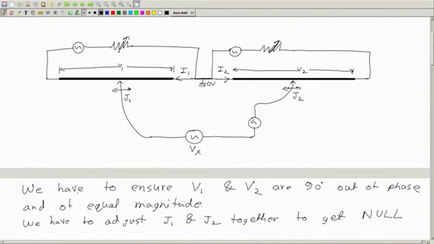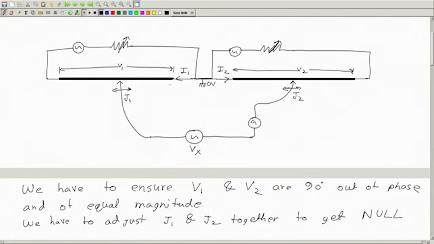When is that possible? That is possible only if, in this circuit, the total voltage is 0. Okay.